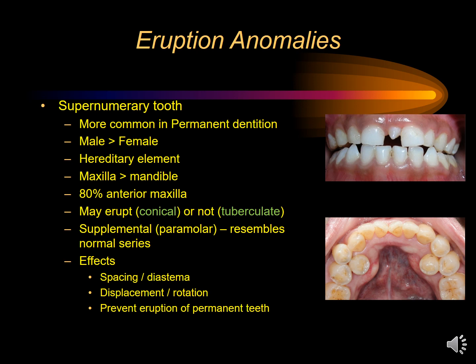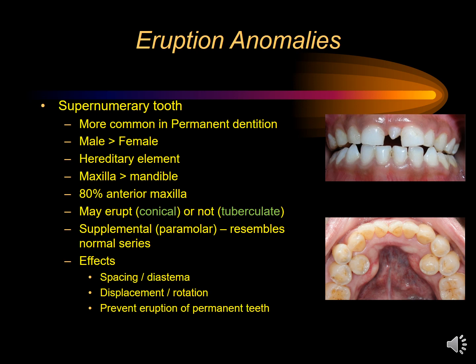Now, supernumerary teeth. Supernumerary teeth means extra teeth apart from the normal teeth in the series. It is usually more common in the permanent dentition, more common in males. There may be a hereditary element to it, more common in the maxilla, and 80% of them are found in the anterior part of the maxilla.